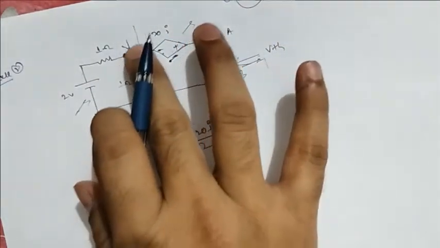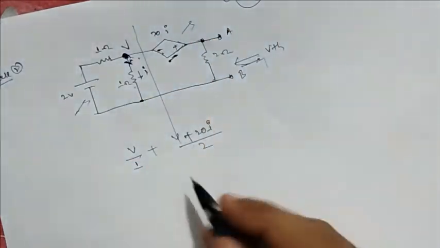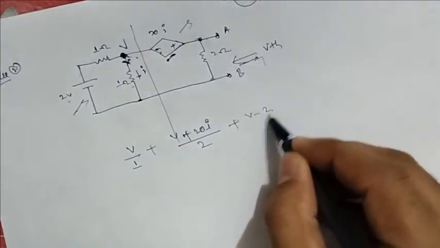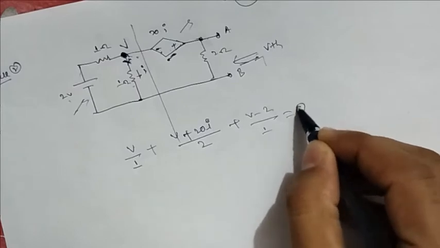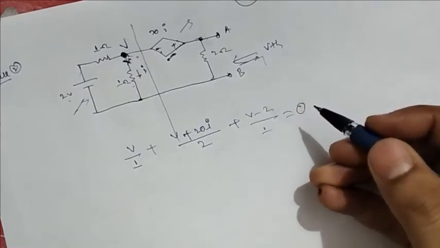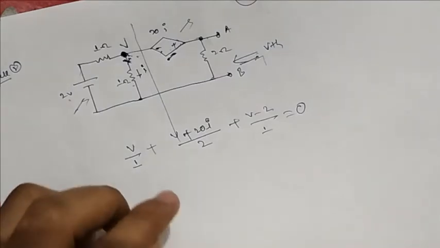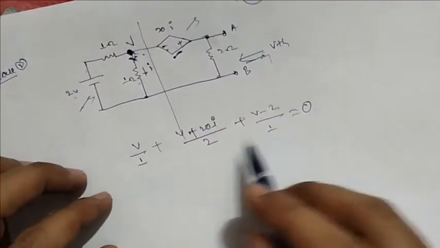Now this is the current that will be flowing in this path, and V minus 2 by 1 equal to 0. This is the equation of this circuit.